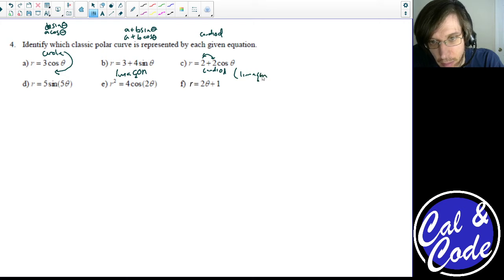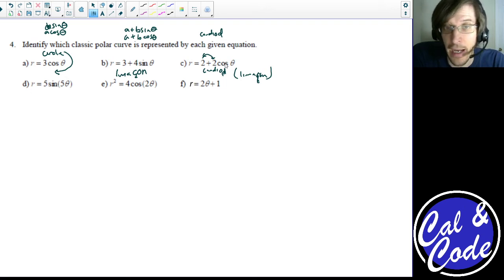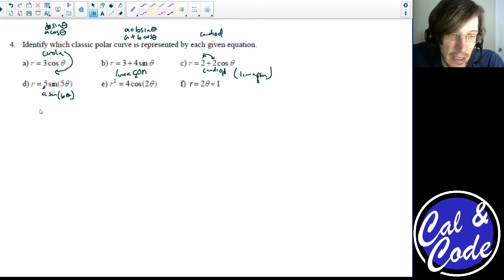But more specifically, it is a cardioid. I would expect you to know the difference between a cardioid and a limaçon that is not a cardioid. Okay, I do expect that level of detail. This particular one, an a sine b theta or an a cosine b theta, is a polar rose.